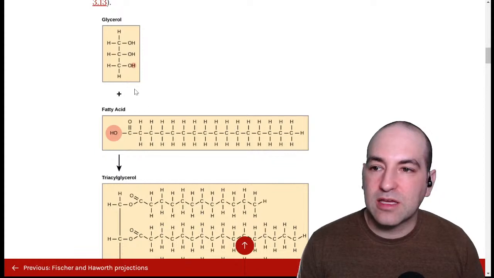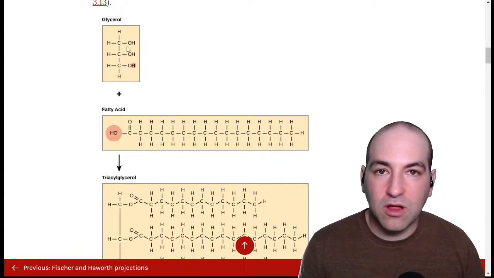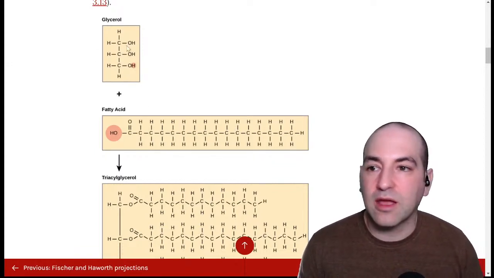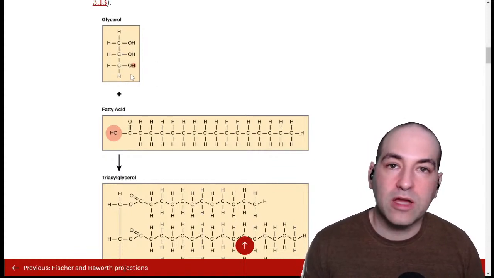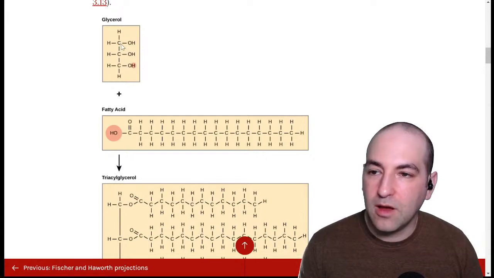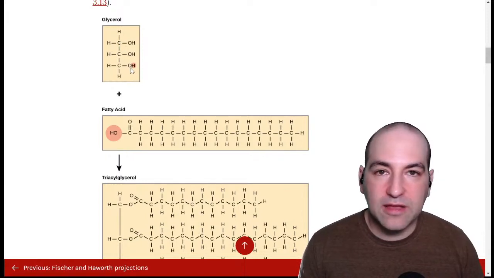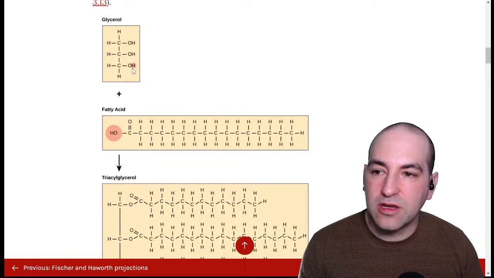Those fatty acids can link to a molecule called glycerol, sometimes called glycerin, same thing, which is just 3 carbons with OHs. It really kind of looks like a carbohydrate almost. And if you notice, kind of like in the last one, we've got the H highlighted here and the OH highlighted here.